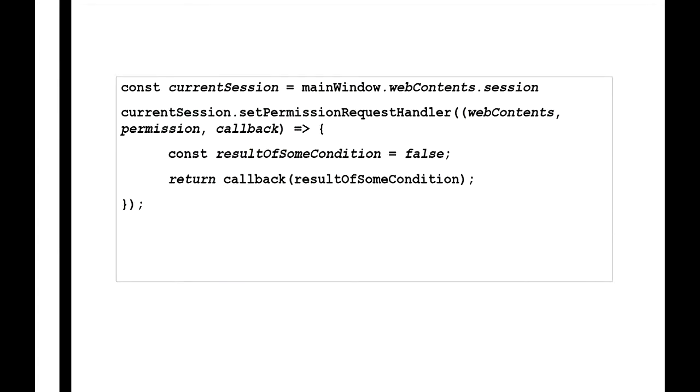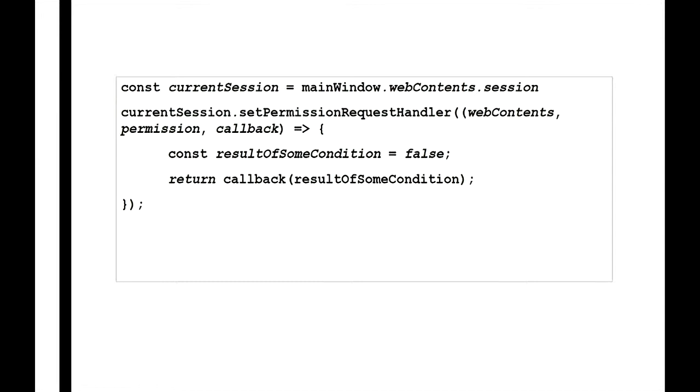And the way to do that, you can just create an event handler. What Electron does is that on the session, it will call this function when a request comes in asking for permissions for anything such as geolocation, camera, or whatever. So you could define this function, and it will call that.